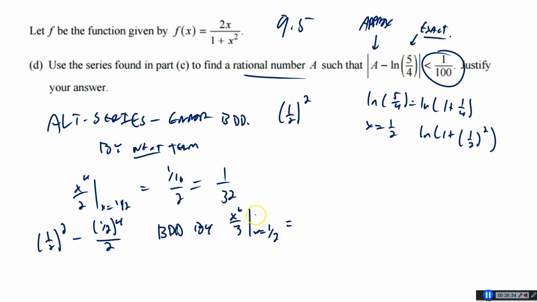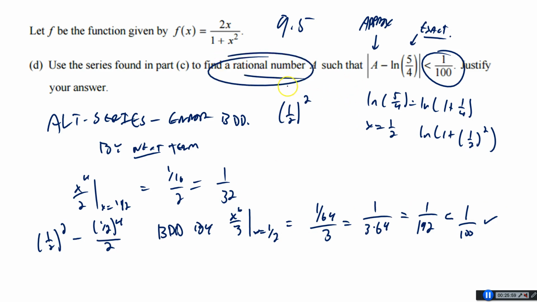That would be 1/2 to the 6th. 2 to the 6th is 64. So that's 1/64 over 3, which is 1 over 3 times 64. 3 times 64 is 192. Hey, that's less than 1 over 100 for sure. So two terms are going to be enough, because the third term bounding it is going to be good enough. So if two terms work, now we have to actually find the rational number.